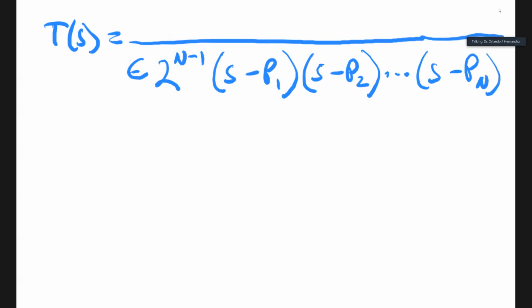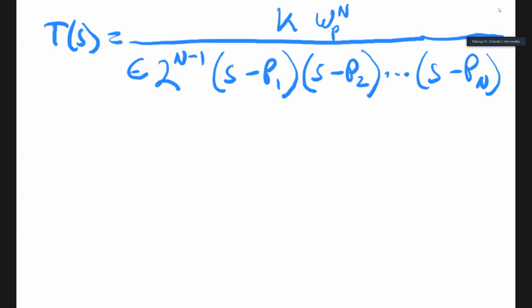And the numerator is going to have a scaling factor, which we'll call capital K, that is going to multiply the passband omega raised to the order of the filter.